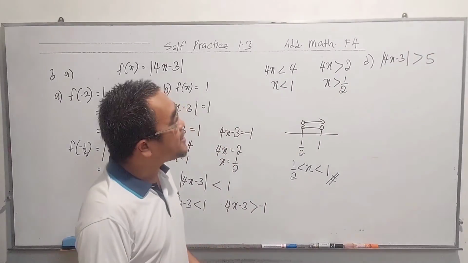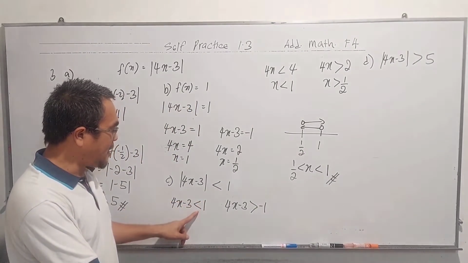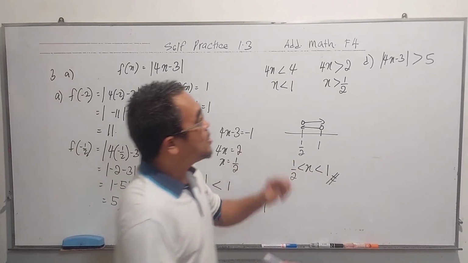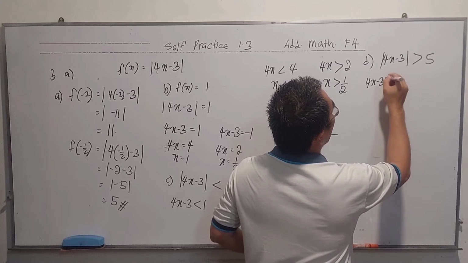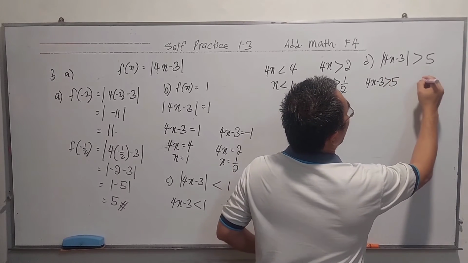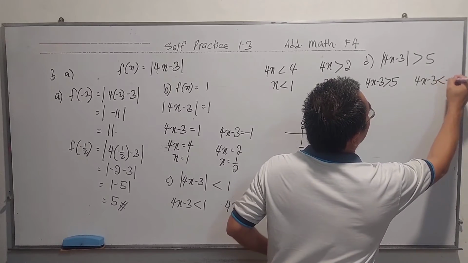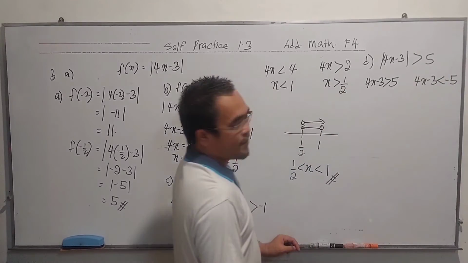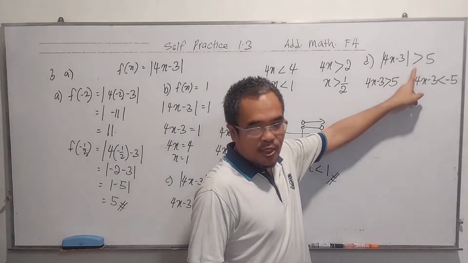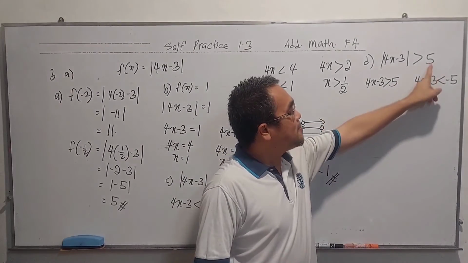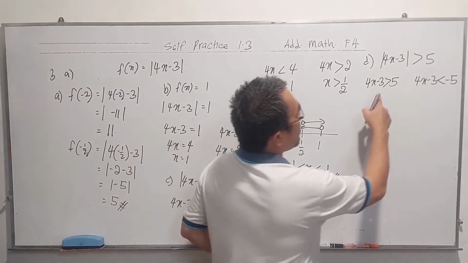Just like question C, if the original is less than 1 and larger than -1, so this is also, you have to say 4x minus 3 larger than 5. And you have to say 4x minus 3 less than -5. Okay, so the symbol remains for one and the symbol changes for the other, and the symbol for the numbers also changes. Okay, so now you solve one by one.